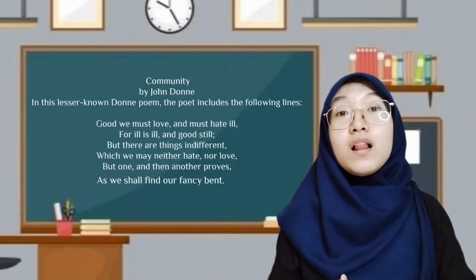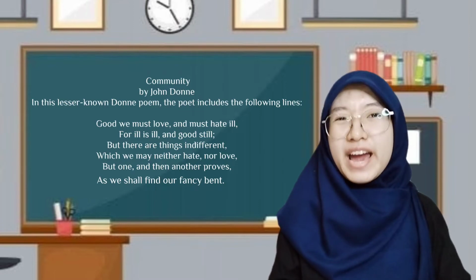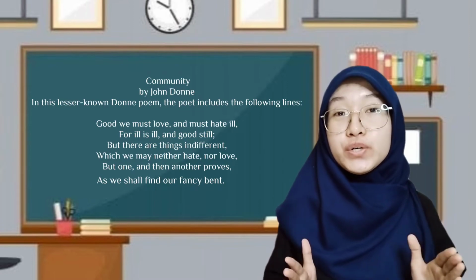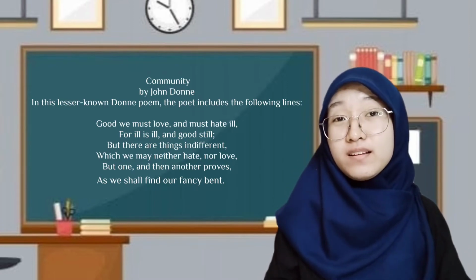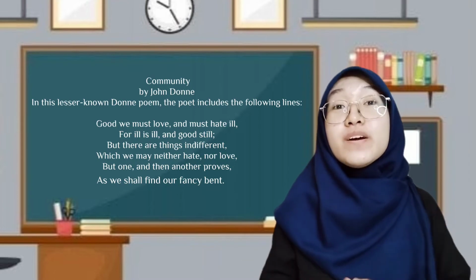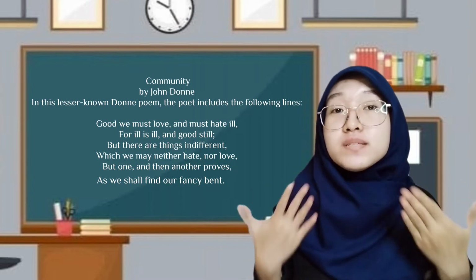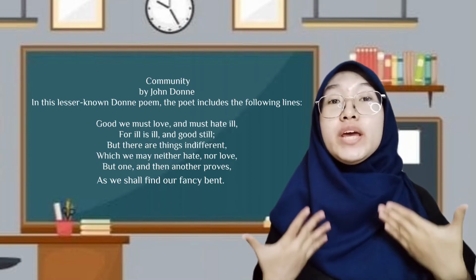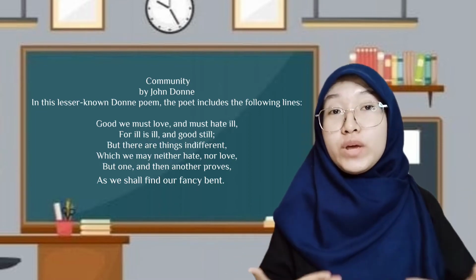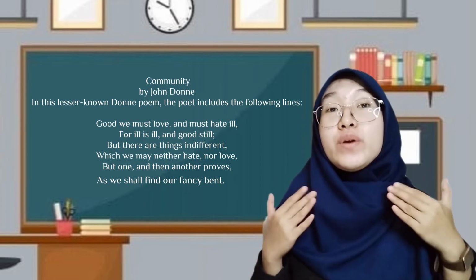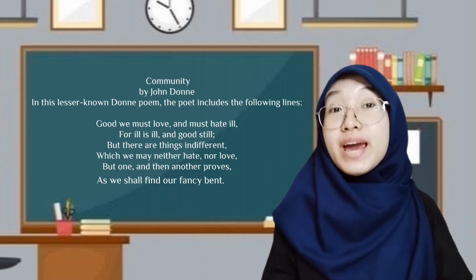He presents love alongside hate in addition to good alongside ill. By showing the reader both sides, he is able to emphasize why we love what we love and why we hate what we hate.